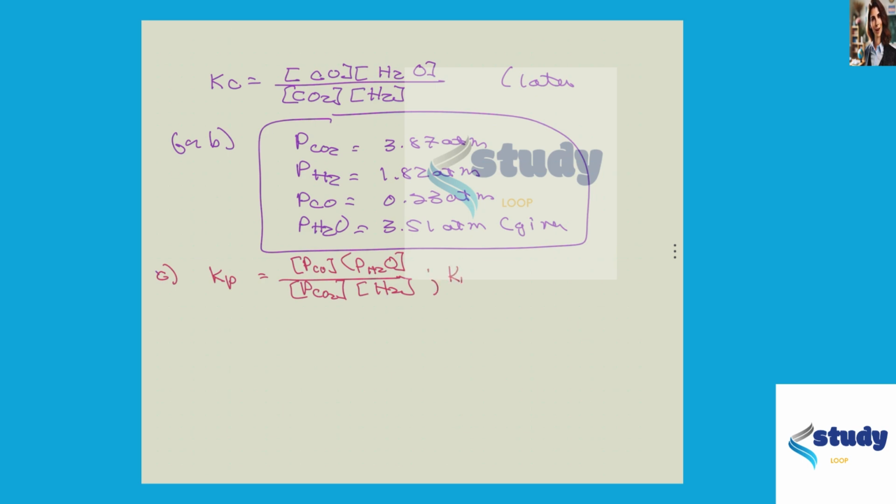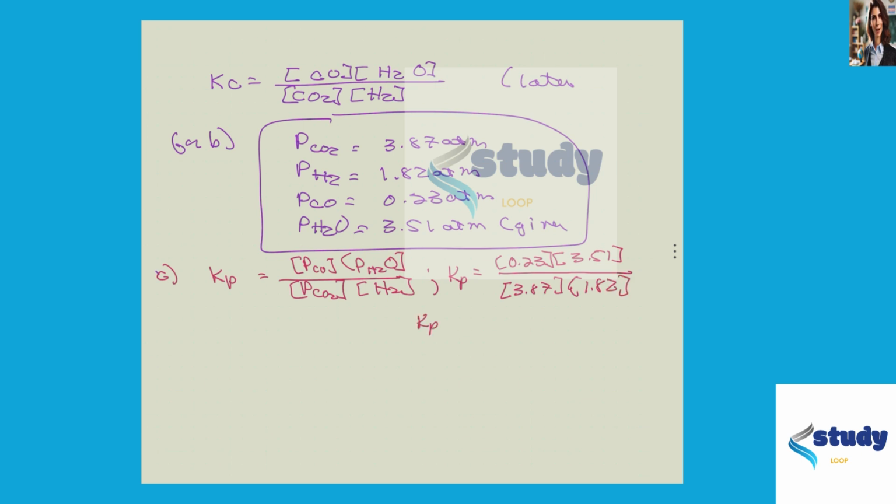So Kp will equal 0.23 times 3.51 over 3.87 times 1.82.